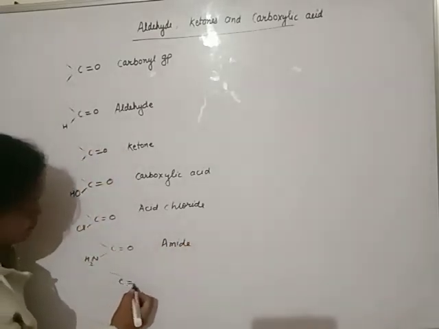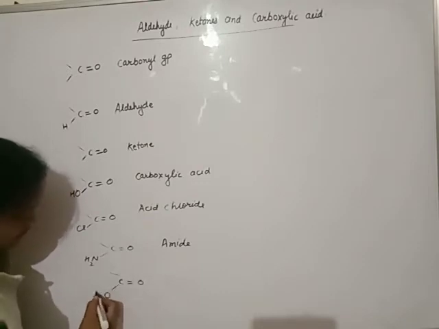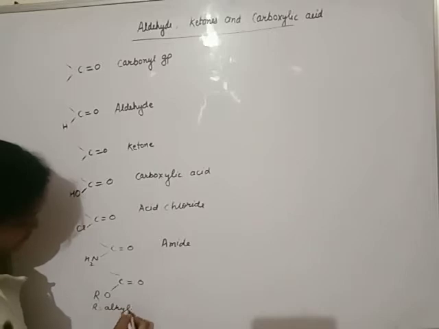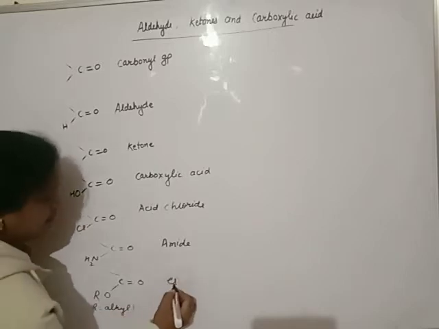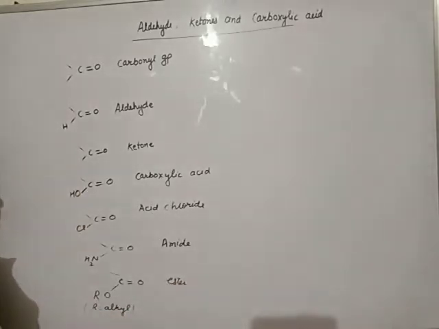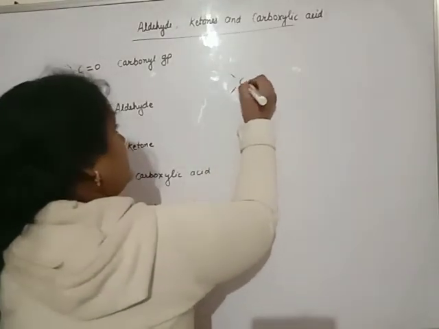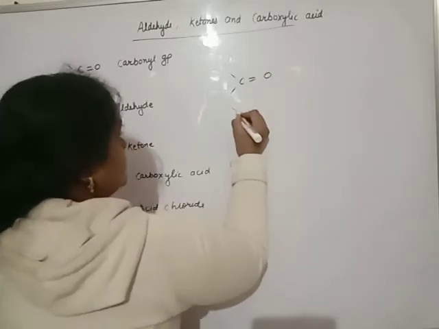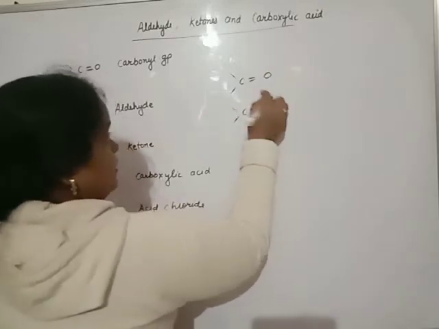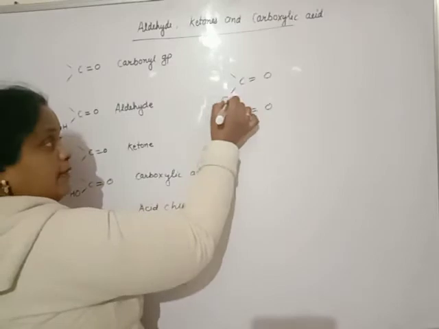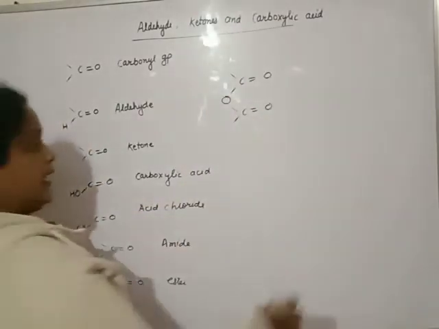If replaced by alkoxy group, OR, R is alkyl chain, it is known as ester. Clear? If two same kind of groups are combined with one common oxygen, acid anhydride.